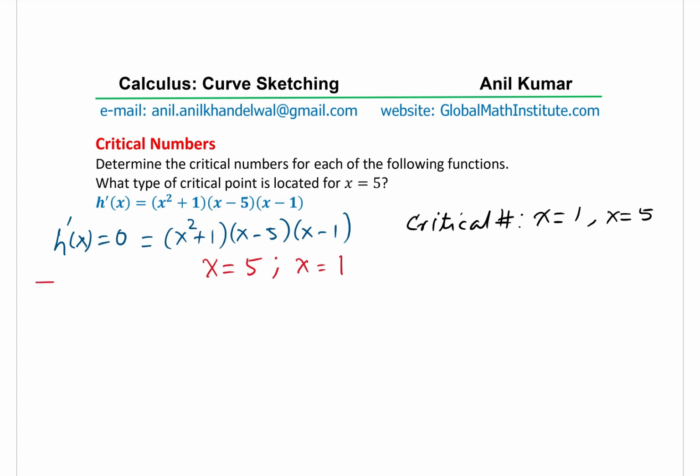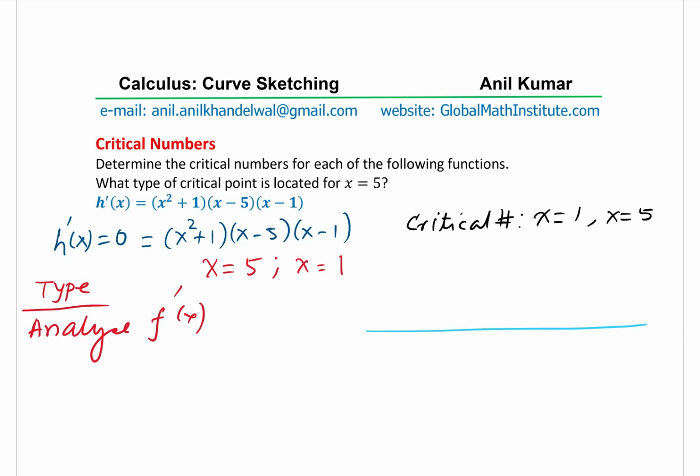Now we'll consider the type of critical number. When you want to find the type of critical number, we need to analyze the first derivative. Now, how will you analyze the first derivative? Well, same method as we did last time. So we'll have two critical numbers.